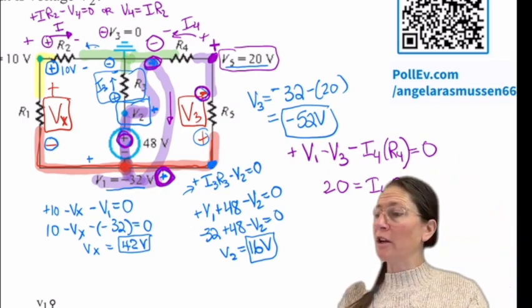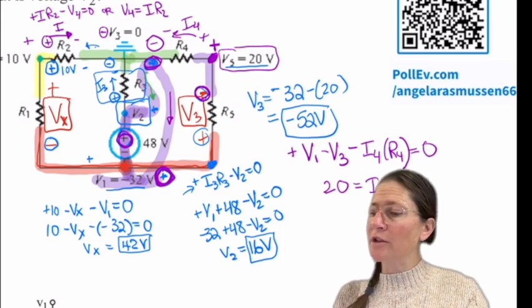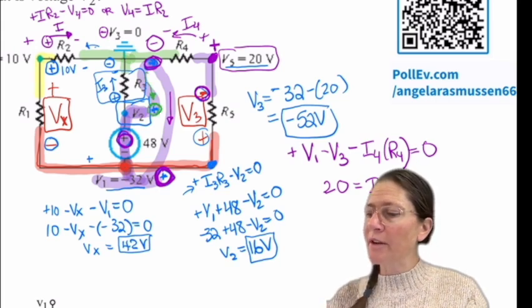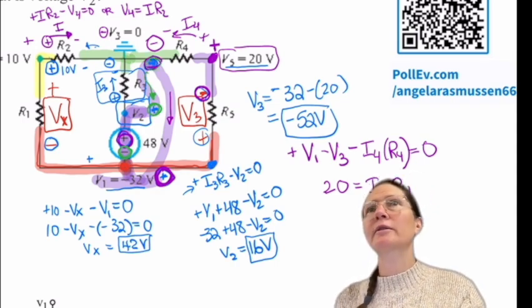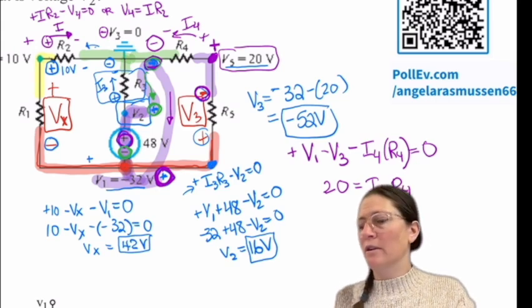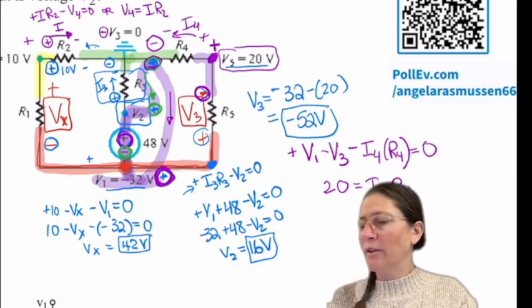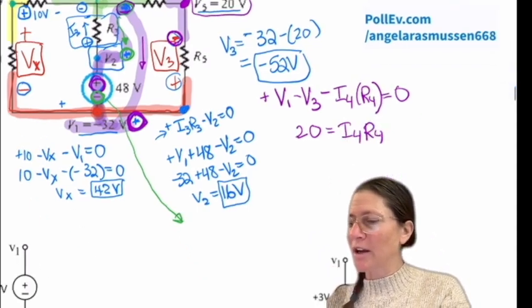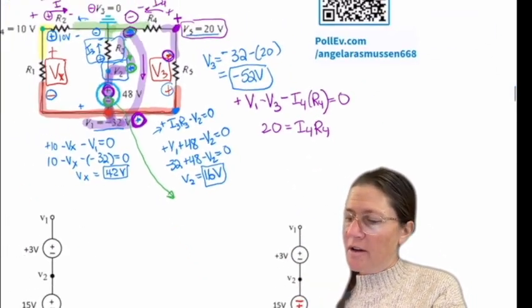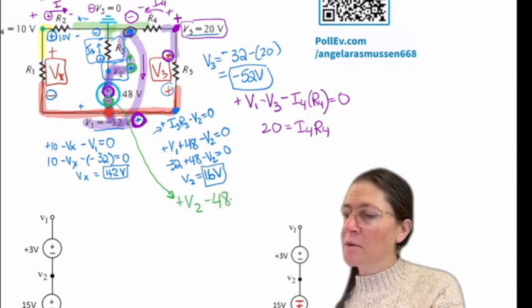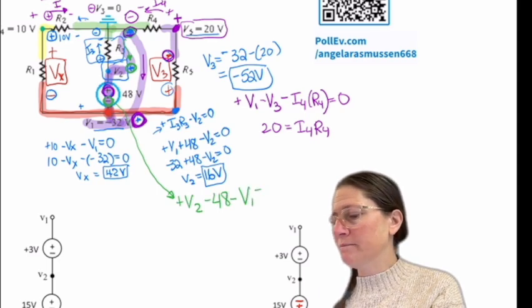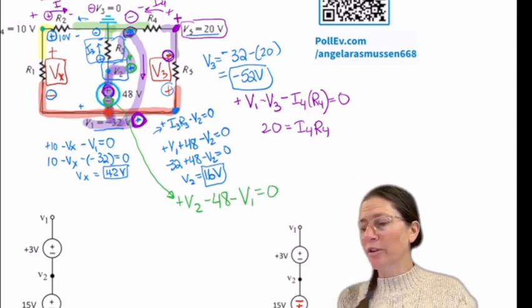I could have done it going this direction, and it would have been a plus, minus, and then another plus. So the green one here, that pathway is plus V2 minus 48 minus V1, and that will yield the same.